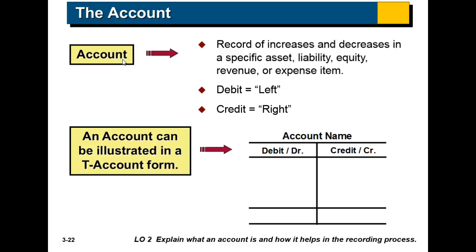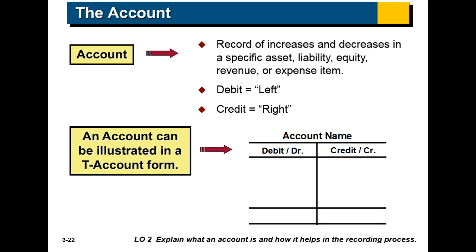What's an account? An account is a record of increases and decreases in either a specific asset, a specific liability, a specific equity, a specific revenue, or an expense item.